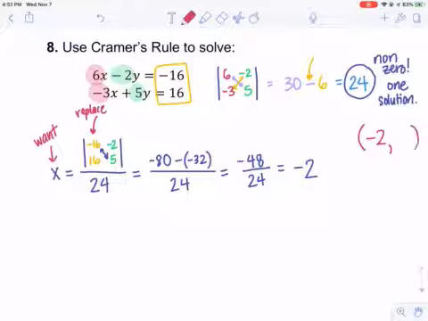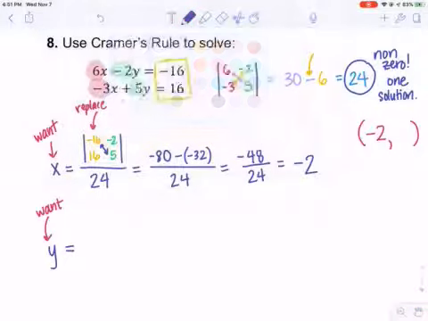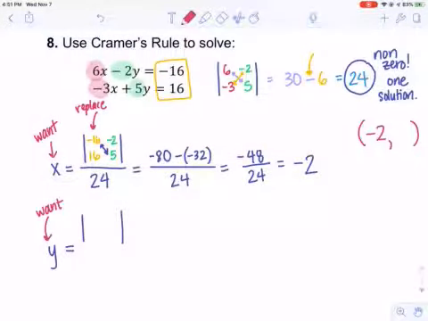And now we just need to find the y coordinate that goes with it. In order to do that, we're going to do the same thing that we did when we looked for x, except now, since we're looking for the y coordinate, we're going to replace the y column of our coefficient matrix. So when I make my matrix, I'm putting the x coefficients back where they were, 6 and -3, because those come from my original.